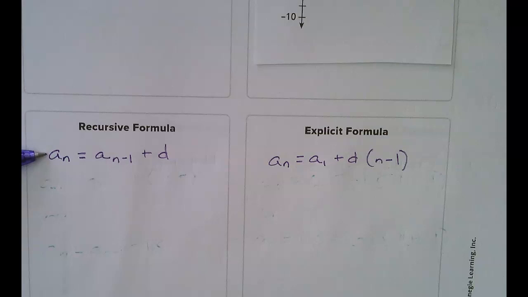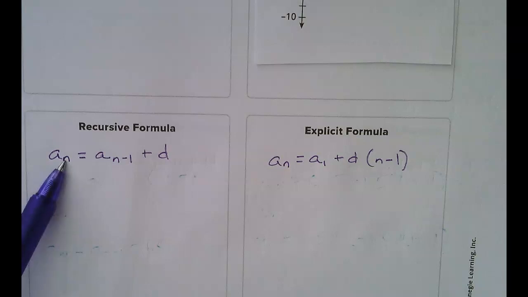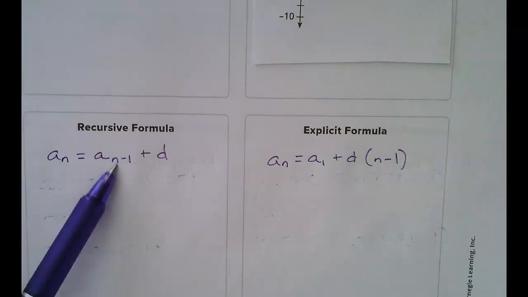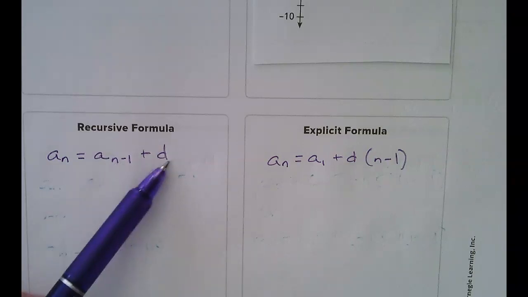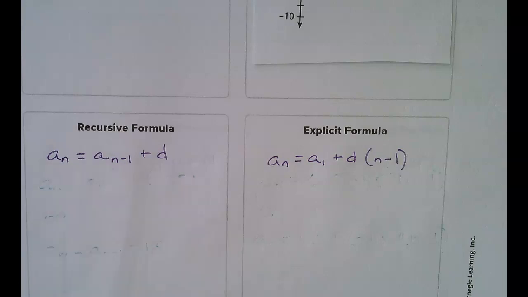So this is the general formula. And we just need to fill in the information that we know, which in this case, we know the D. So we're going to write A sub n equals A sub n minus 1, which is the term that came before, plus D. So here's how that would look.